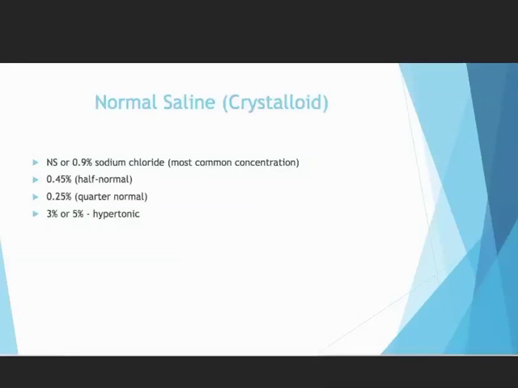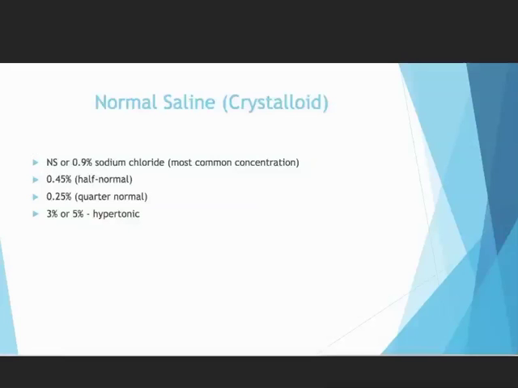So we said, remember, that with the crystalloids, the influence on volume status is really directly related to the amount of sodium that's present in the concentration. And so we say sodium chloride in crystalloids, or NaCl, you'll see. Normal saline is what this is referred to, or 0.9% sodium chloride, the most common concentration you're going to see in clinical practice, what bag is being hung, for example, in the patient room. 0.45% is half of normal, 0.25% is quarter of normal.